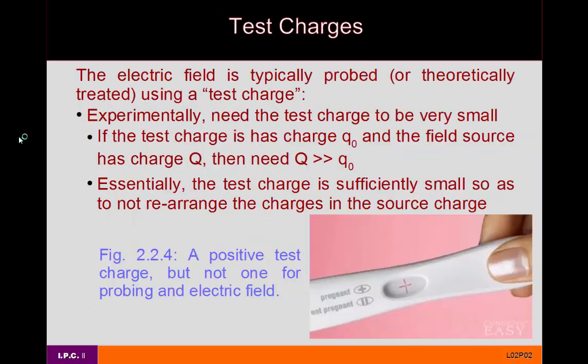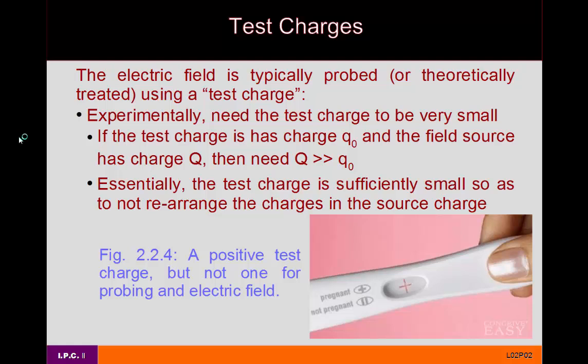One way in which we probe the electric field is that we can use a concept called a test charge. There's the experimental or practical version of what counts as a test charge, and then there is a theoretical version.